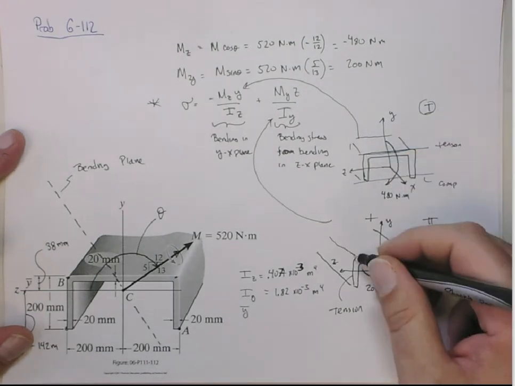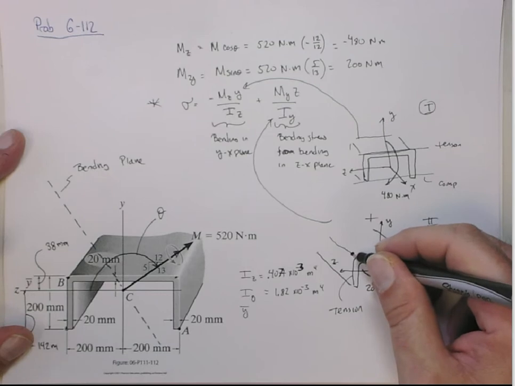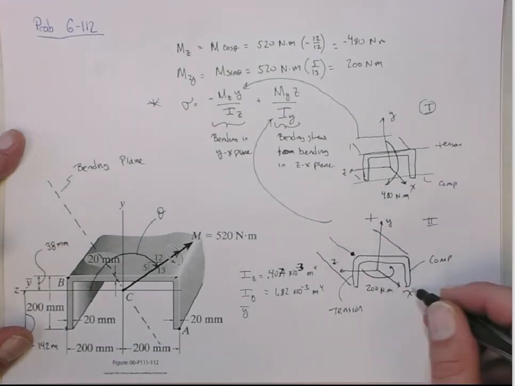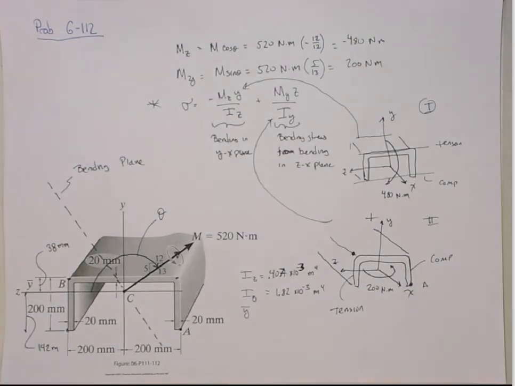So that means actually at this point here, B, both modes are in tension. And likewise, at this point here, A, both modes are in compression. All right? So that's why on this picture you can see they've kind of pegged you with the dots at B and A. Probably would have been better if they didn't show that.